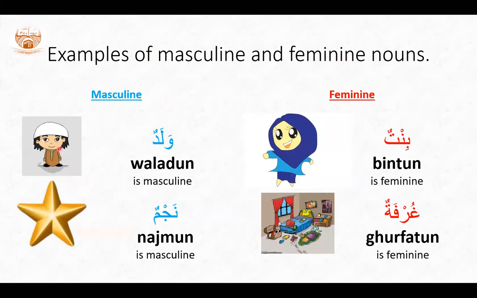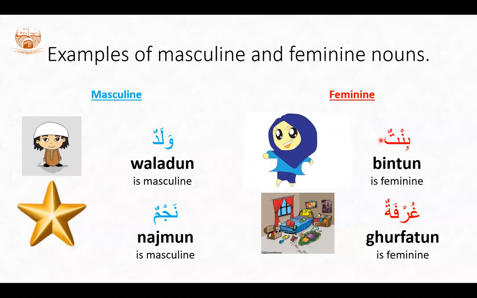Example, waladun, boy, najmun, star. But the word bintun is feminine by nature, and gurfatun, a room, this is a feminine word. Now I'm giving you a hint. Anytime you see this ta in the ending here, it's not a long ta like this. Yes, it's the ta, but it is in relation to the nature of the word.